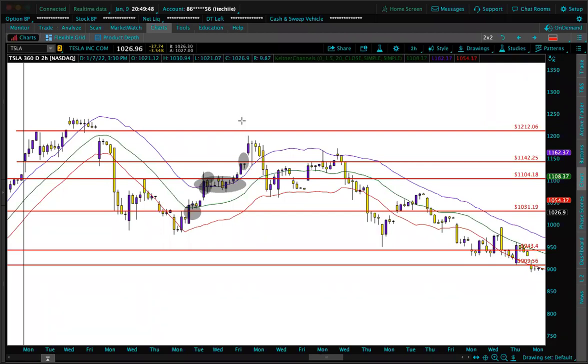So what happens? We couldn't even get to 1212. We get here and price fails and it breaks down again. So when price rejects here, your first target is your upper Kelt, followed by your new drawn support, which is before the middle Kelt, which is 1142. Under that 1142 is the middle Kelt.